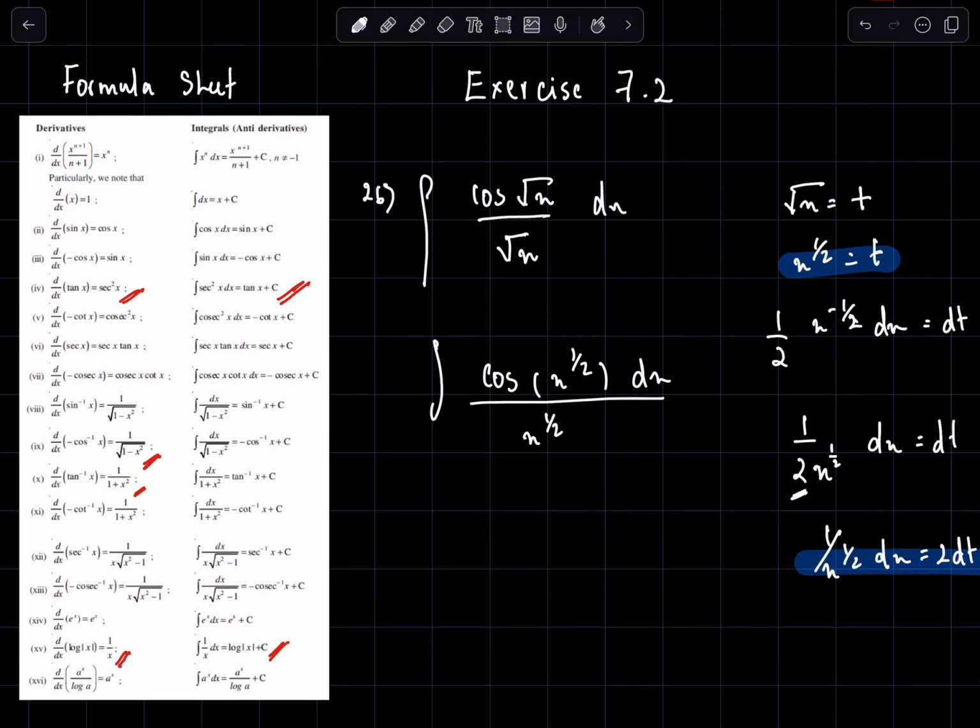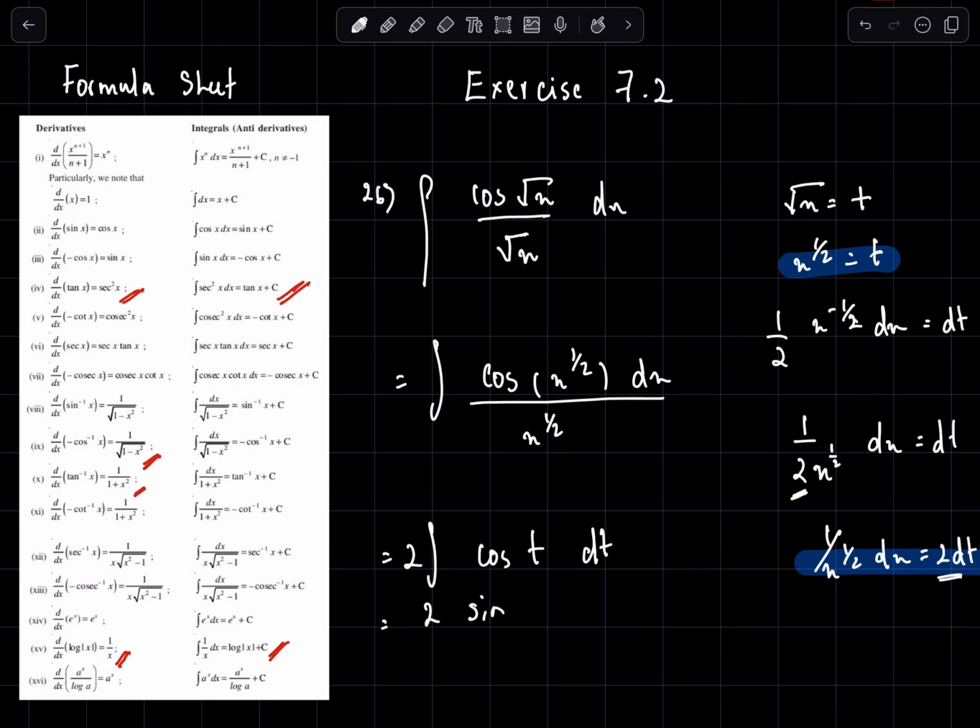So we have the integral of cosine of t, and it's actually 2 dt, so the 2 comes out. What is the integral of cosine? It is sine.